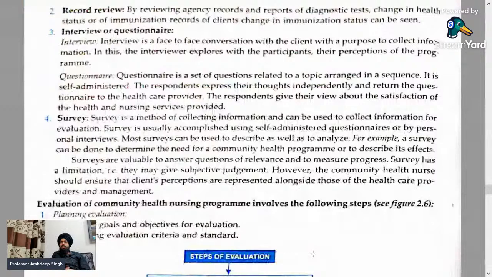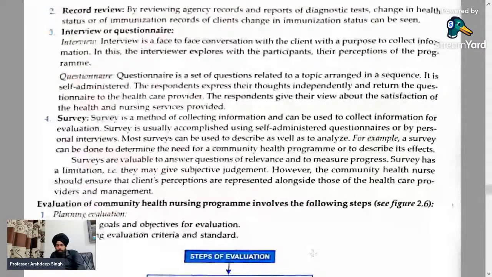For example, before the implementation of the nursing process, there were a lot of cases of tuberculosis or malaria, and after implementing the nursing process, there is a decrease in the cases of tuberculosis or malaria or the specific disease for which you have planned this nursing process. If we expected a decrease and we are getting the decrease, then it is obvious that your planning process was very good and it is successful.